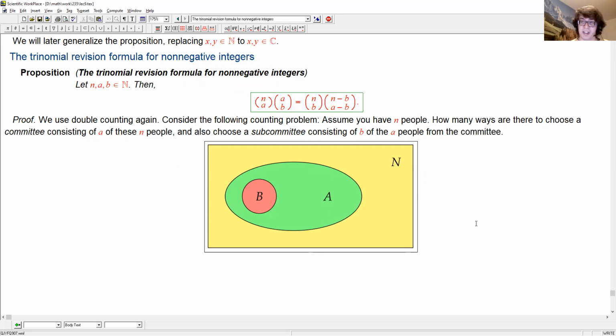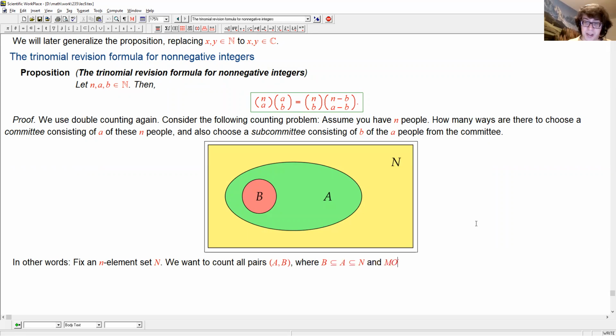So let's get rid of the unnecessary anthropomorphism and just rename everything as sets. In other words, fix an n-element set capital N. This is our n people. We want to count all pairs A, B, where B is a subset of A is a subset of N, and B has b elements, and A has a elements.